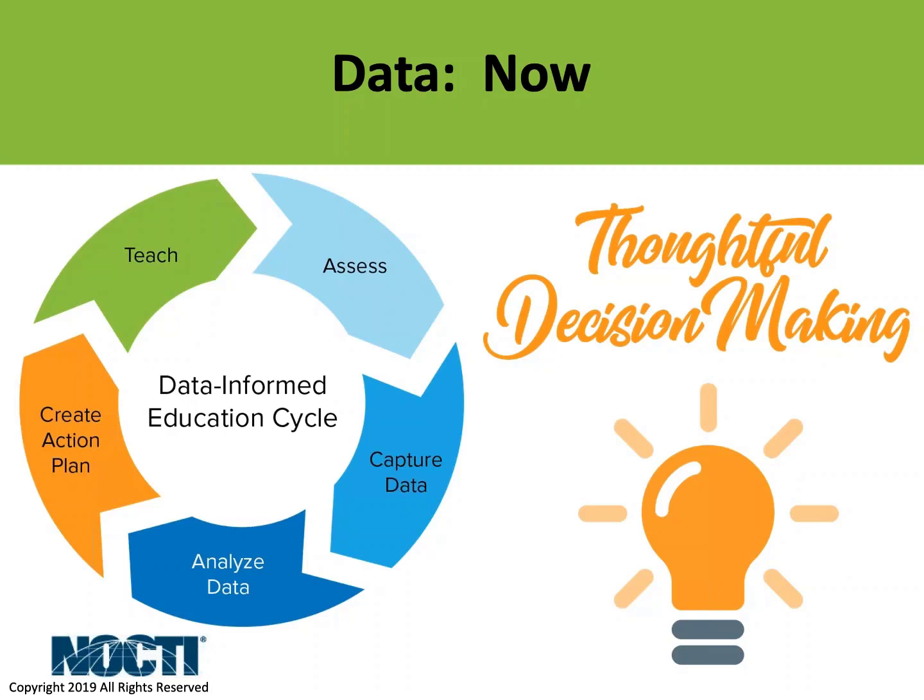You gather the data that the credentialing assessment provides, you analyze the data, and then you create an action plan to improve instruction the next time around. Then you teach again, you assess again, you capture data, etc. The idea is that you're using a process of thoughtful decision making.